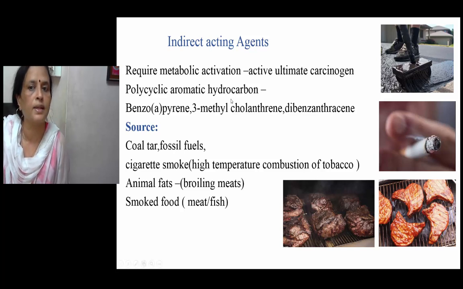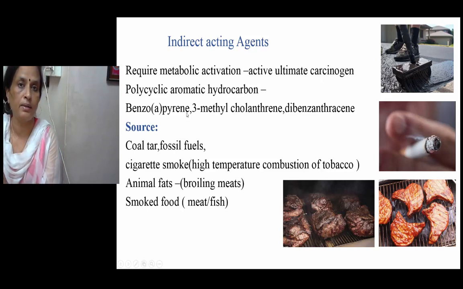When we say polycyclic aromatic hydrocarbons, I'm sure all of you know the main sources. The important carcinogens there are benzopyrene, so we say 3,4-benzopyrene, 3-methylcholanthrene, and dibenzanthracene. Source: remember the previous class?